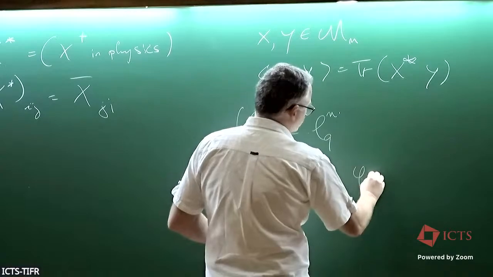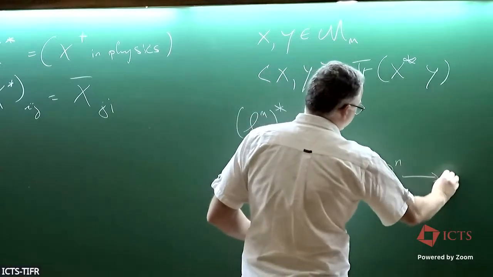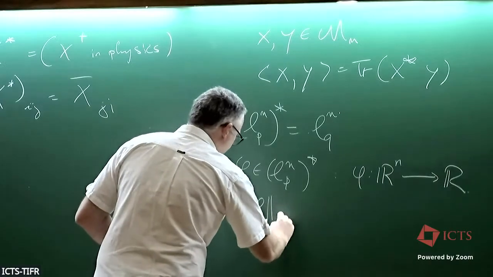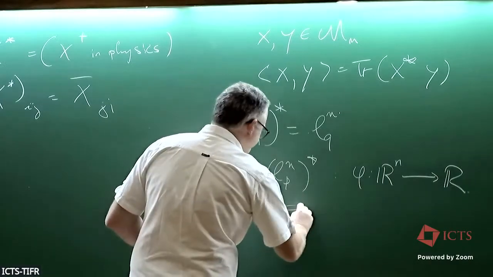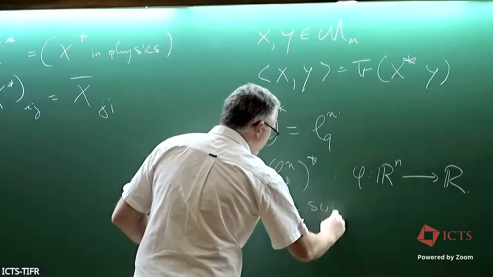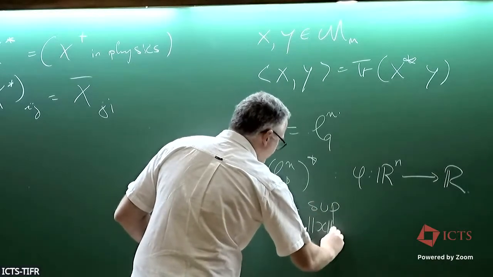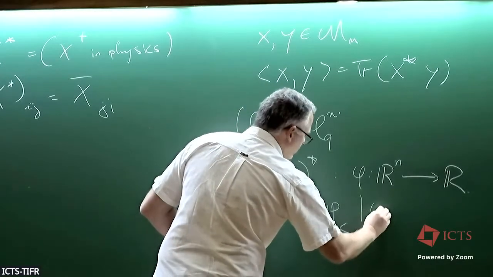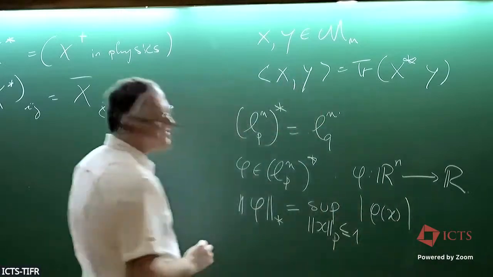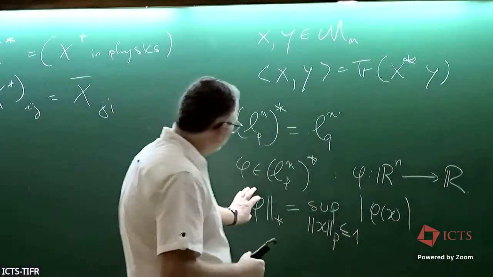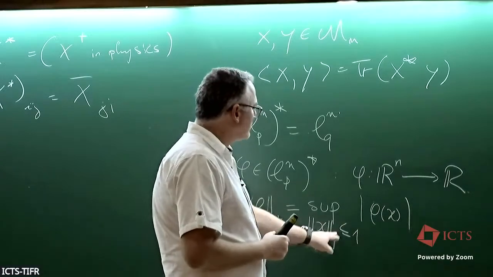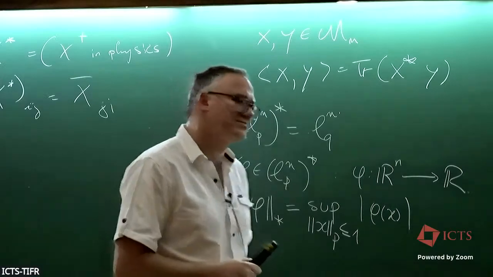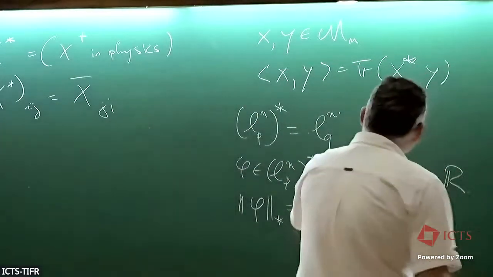This means that phi goes from Rn to R, and the norm of phi, the dual norm, will be just the supremum over all x in LP of the absolute value of phi of x. So this is the definition of the dual norm: I'm taking all vectors in my space in LP, and I'm maximizing phi of x. But in this case, we have this identification.